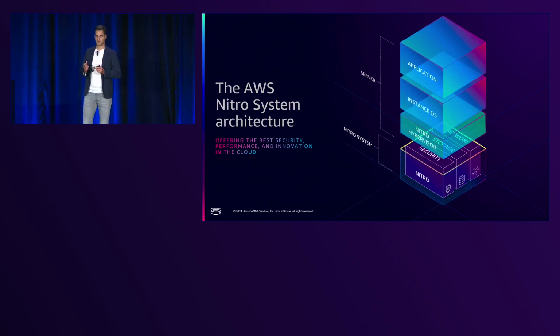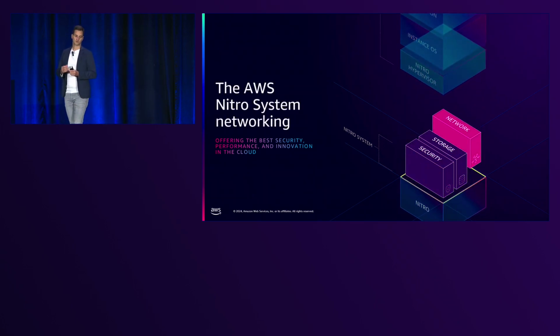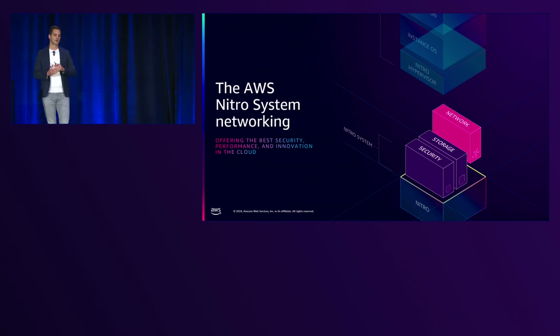I want to have a little bit of a closer look into network and security, starting with network. The Nitro cards offload the VPC data plane from the hypervisor, which enables ENI attachments, security groups, flow logs, routing, and much more. With the Nitro card, there is a dedicated bandwidth assigned for the network traffic, which separates the traffic from the storage.